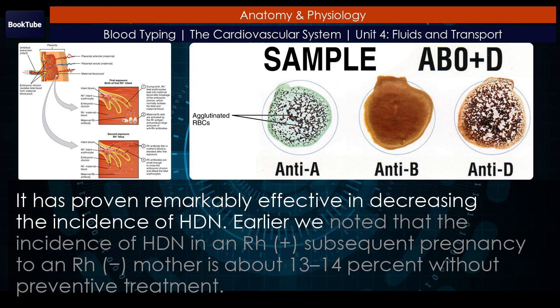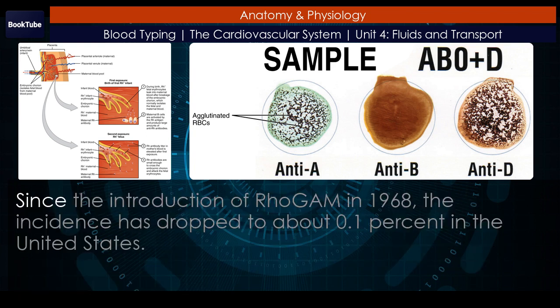Earlier we noted that the incidence of HDN in an Rh plus subsequent pregnancy to an Rh minus mother is about 13–14% without preventive treatment. Since the introduction of ROGAM in 1968, the incidence has dropped to about 0.1% in the United States.